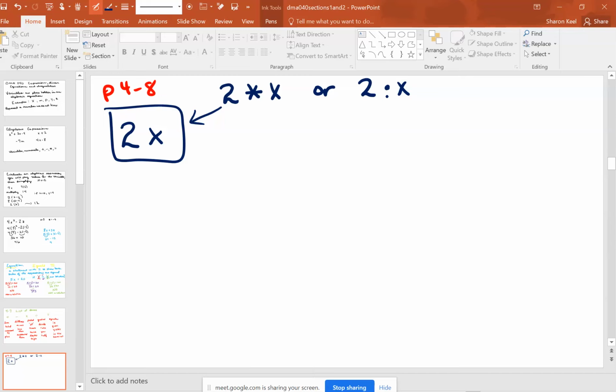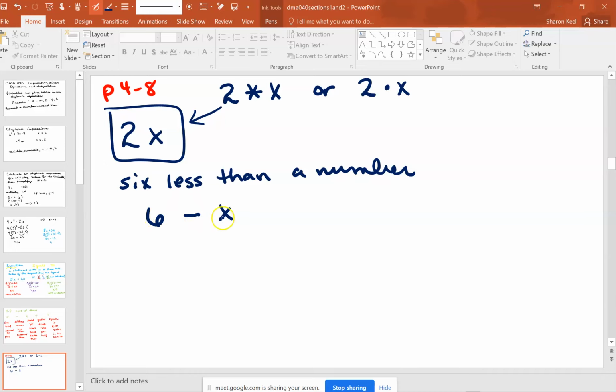The next one I have is 6 less than a number. 6 less than a number. Now, let me write that down. 6 less than a number. So, if you wrote down 6 and then put minus and then the x, when you look at this, does this mean 6 is less than the number?